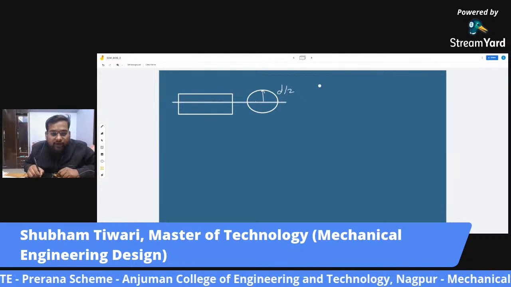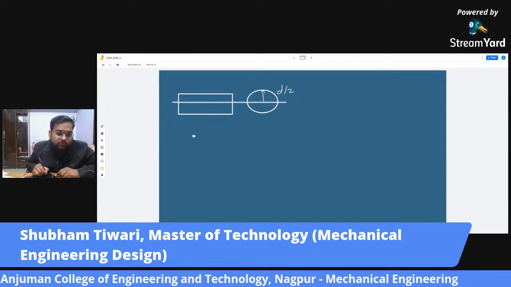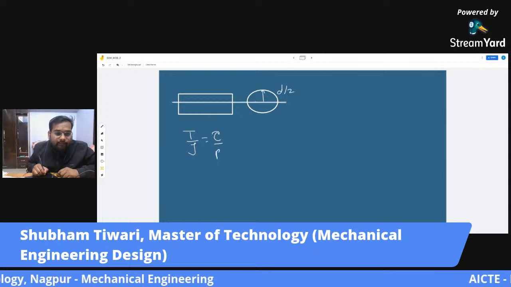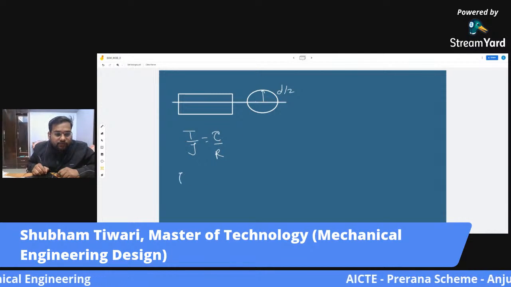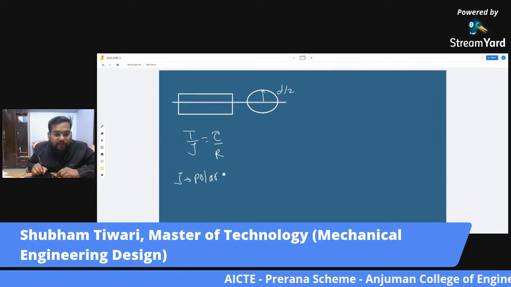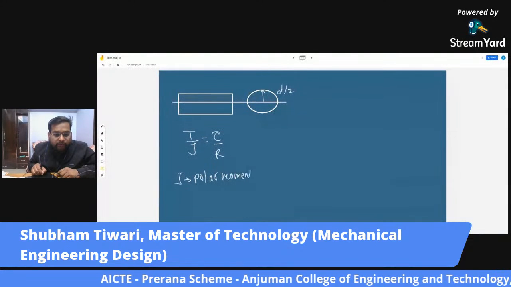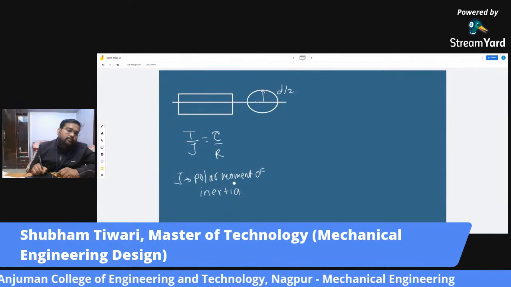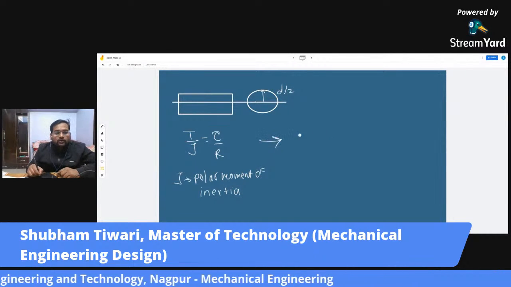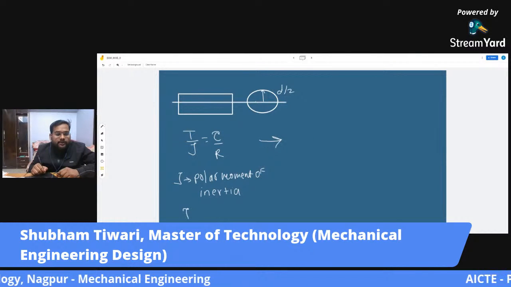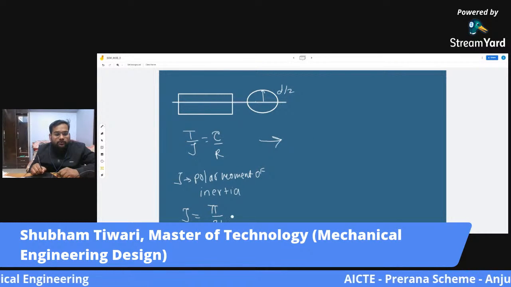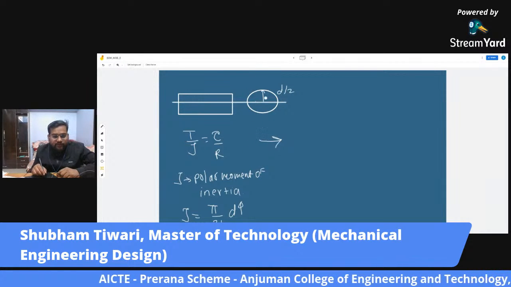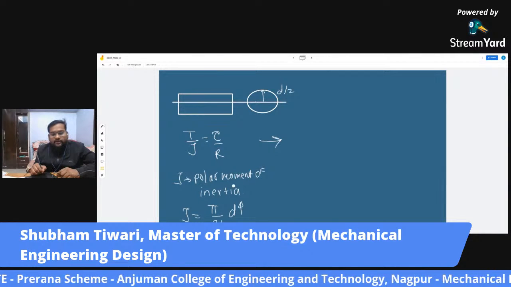So if I have to find the twisting moment, then T by J equals tau by R. Now J is the polar moment of inertia. So I can write J equals pi by 32 d to the power 4. This is the equation of polar moment of inertia for a circular cross section.